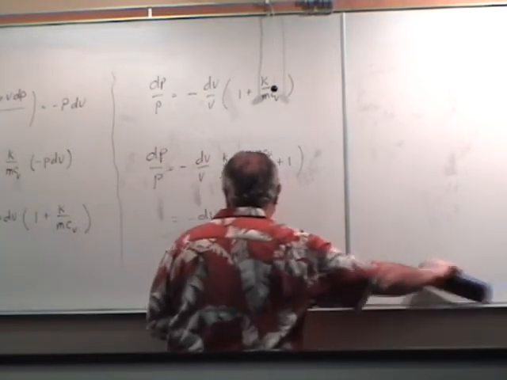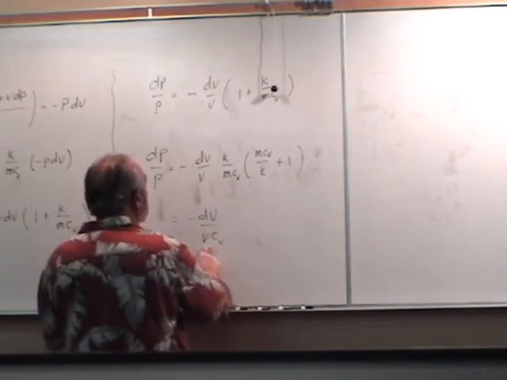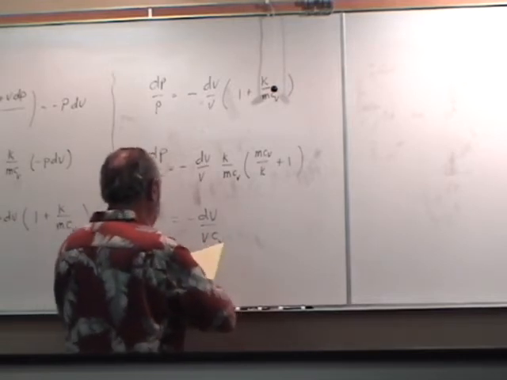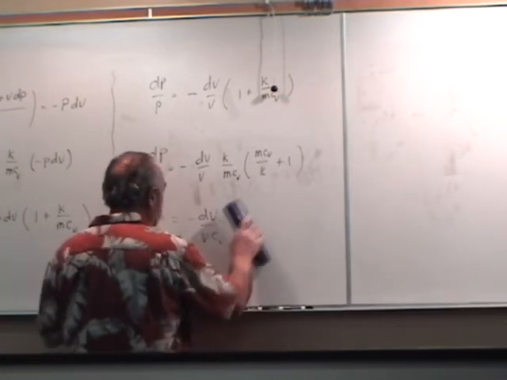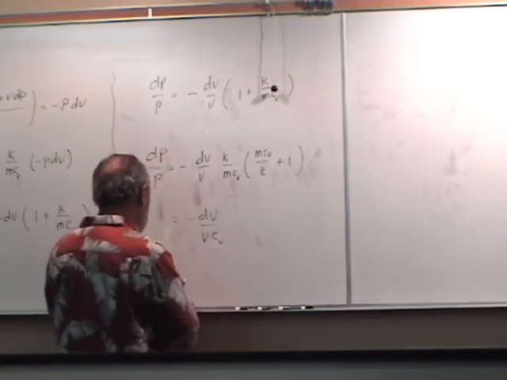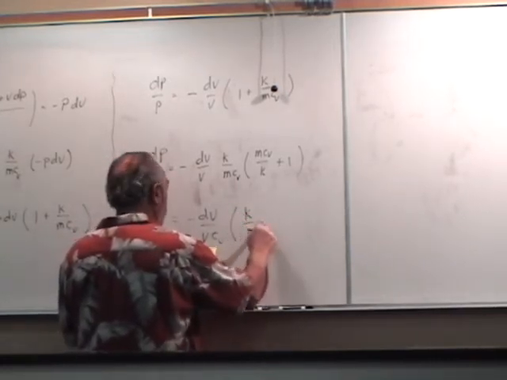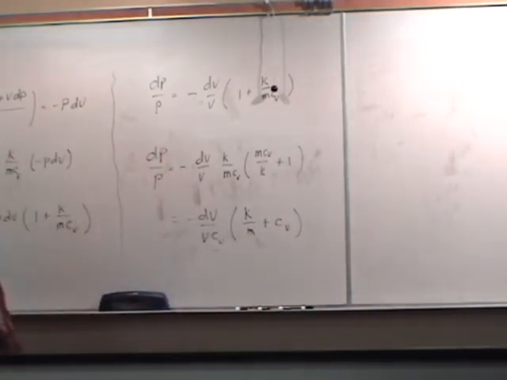Let's not get too excited about that for a second. Let's see, I have this, yeah. And I see, I got rid of the m. All right, so now I get times, I'm a little concerned about this because my notes went funny, but let's see if this turns out right. k over m plus c sub v. Now, if I put that back in there, yeah, it looks like it works.